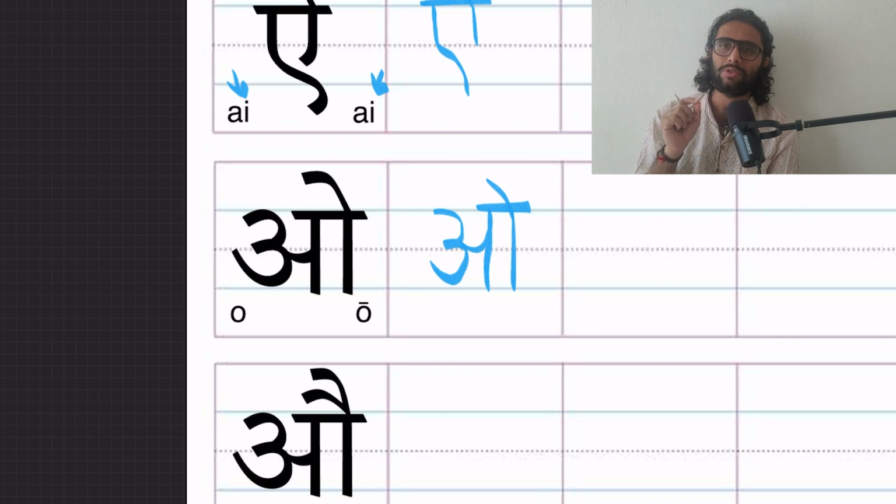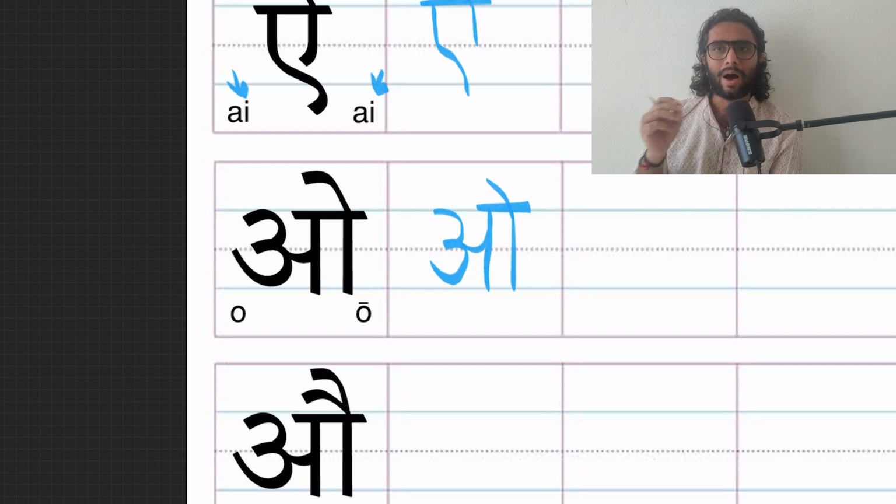All the hrasva sounds, or the short vowels, are of a duration of one matra kala, which is one blink of an eye. All of these short vowels take one blink of an eye to utter. All the dirgha swaras, the long vowels, take two matra kalas or two blinks of an eye.